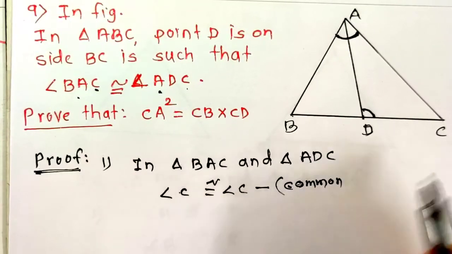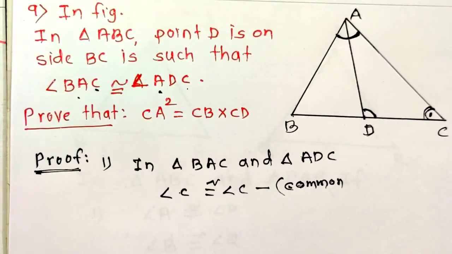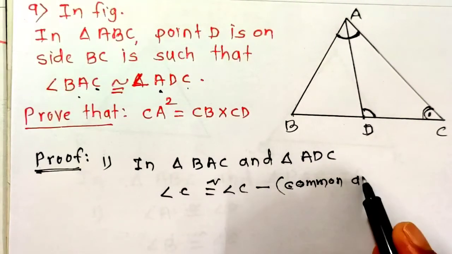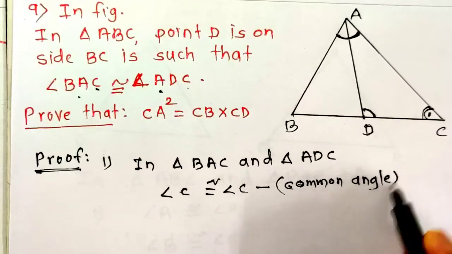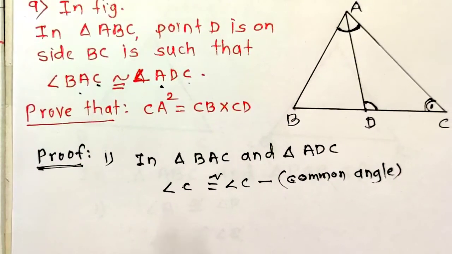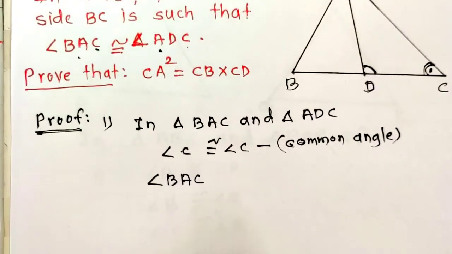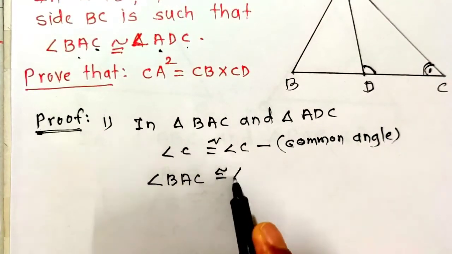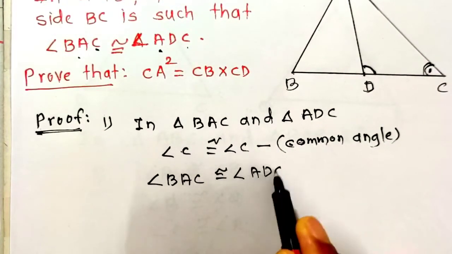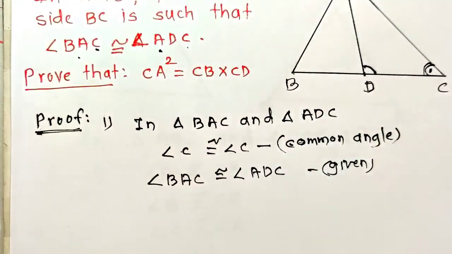In ABC, C angle is there, and in ADC, C angle is there. So this is the common angle, angle C, congruent to angle C. Now from given, what is given? Angle BAC is congruent to angle ADC, that is given. This second pair is already given.